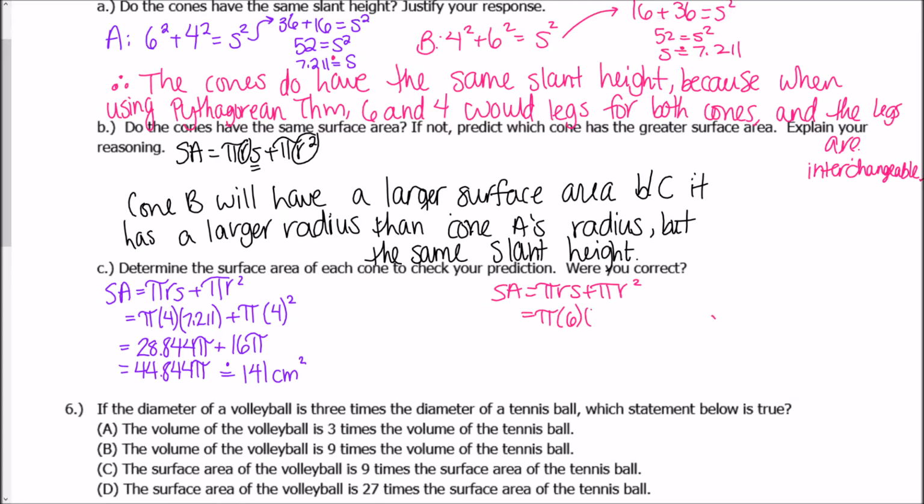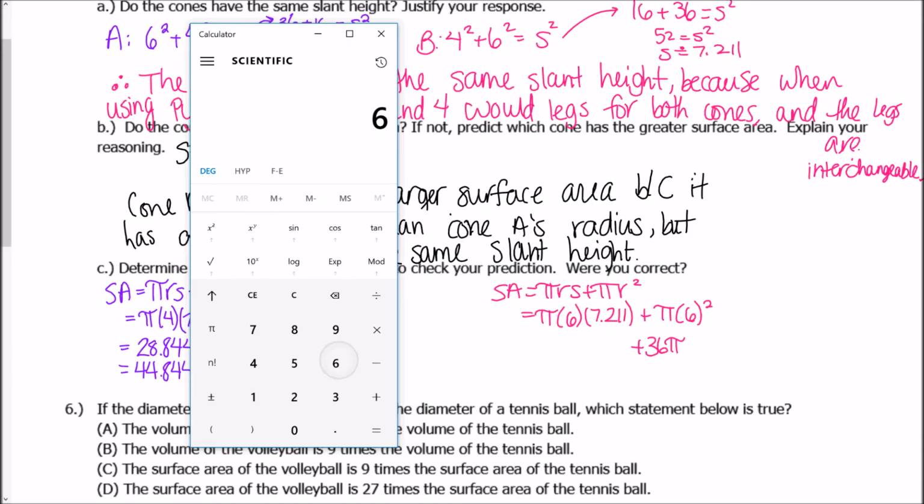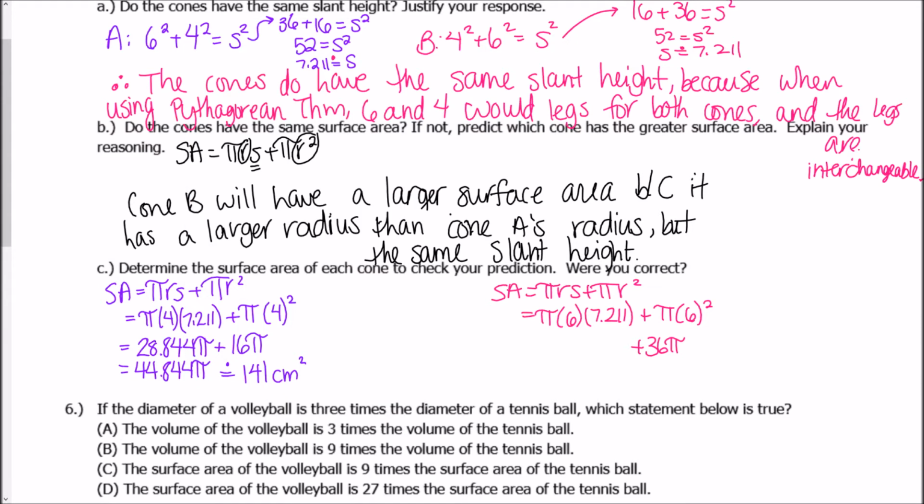So it's pi times 6 times 7.211 plus pi times 6 squared. Here 6 squared is 36, so we can say this is 36 pi. And then here we can multiply 6 times 7.211, and we get 43.266.